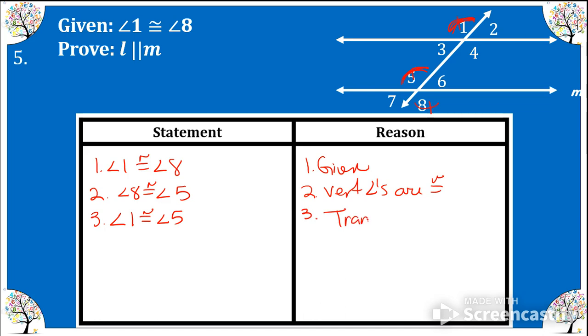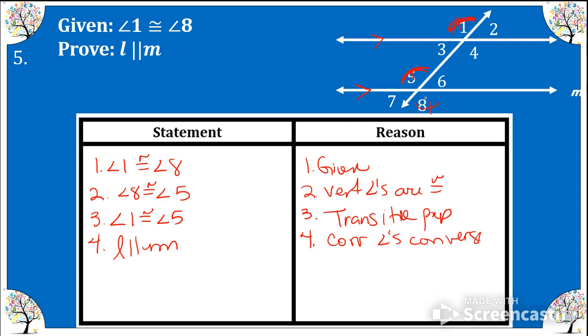Again, the transitive property. And if 1 and 5 are congruent, those are corresponding. And if corresponding angles are congruent, the lines indeed are parallel. And this is the corresponding angles converse. So the converse proves lines are parallel. Without the converse, the original proves that angles are congruent.